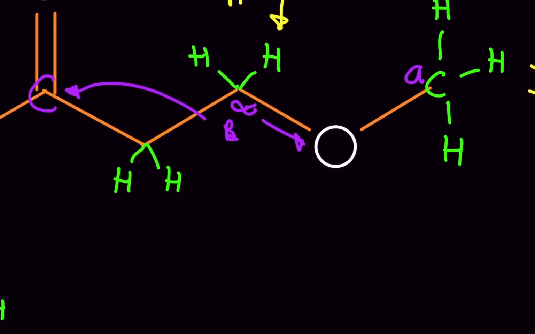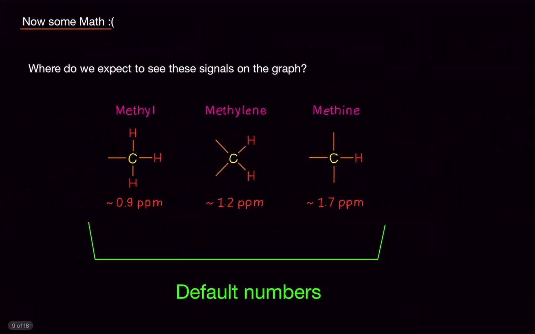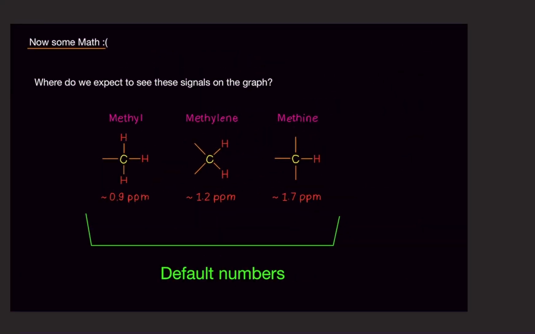Okay, now what about this one? This is alpha to the carbonyl, and beta to the oxygen. So we have a CH2. Once again, we go back here. CH2 is 1.2.